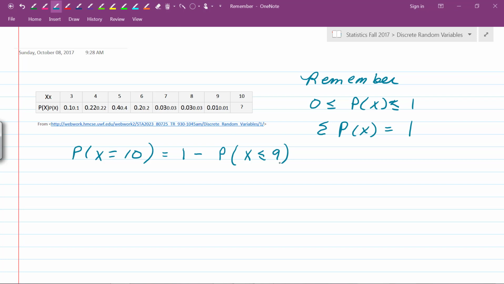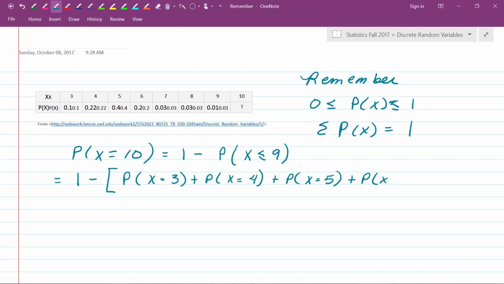So this would be equal to 1 minus the probability that x equals 3 plus the probability that x equals 4 plus the probability that x equals 5 plus the probability that x equals 6 plus the probability that x equals 7 plus the probability that x equals 8 plus the probability that x equals 9.